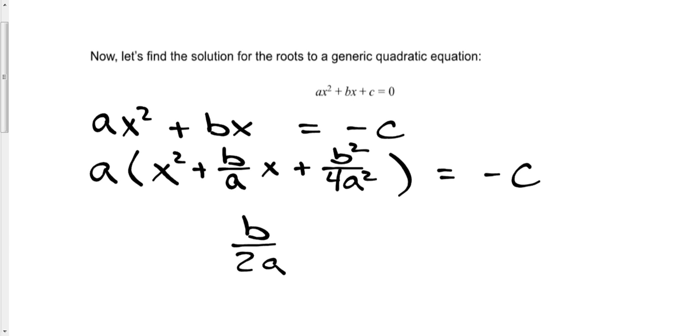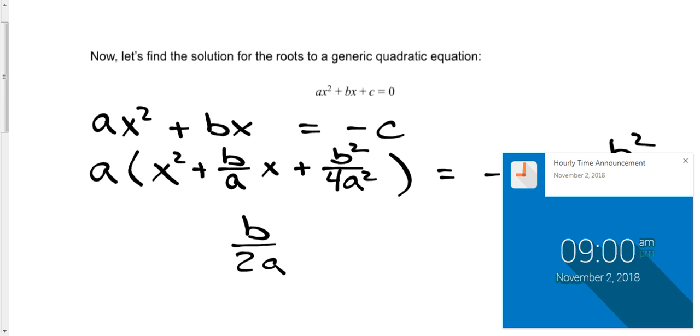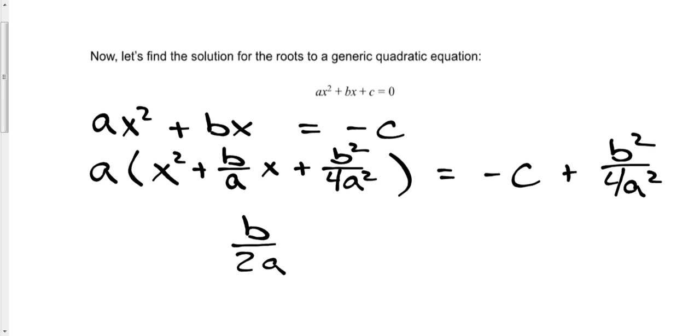If I add it to this side, I also must add it to the other side. So, do I add b squared over 4a squared? What do you think, Kristen? I'm trying to trick you right now. What's the trick? I have to distribute the a. I'm really not adding b squared over 4a squared to this side.